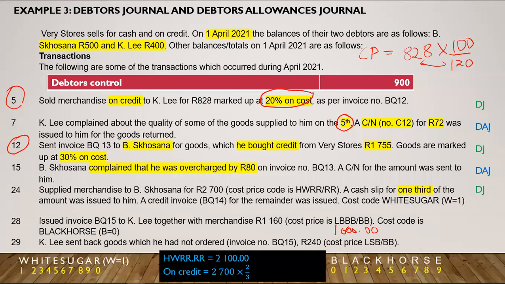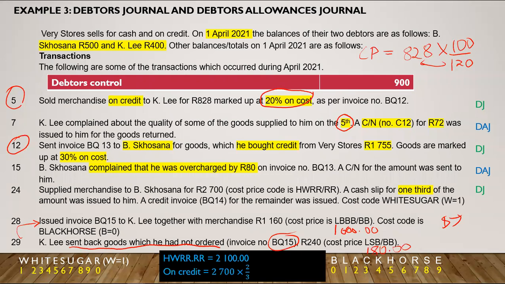This will go to DJ. The last transaction is about goods that were sent back by Kaylee because they were not ordered as per the invoice 15. So it's these goods here. And then we know the cost code there is Black Horse. So L will be 1, S will be 8, B will be 0, 0, 0. That will be the cost price.